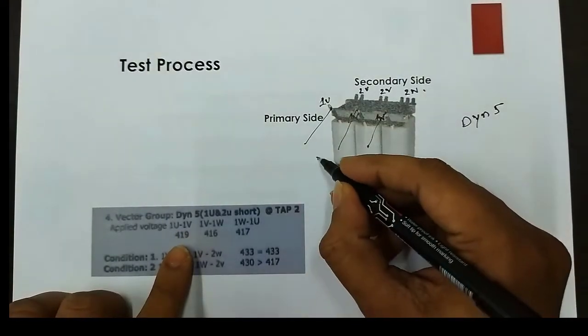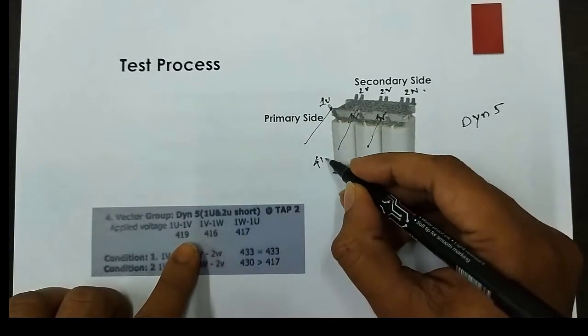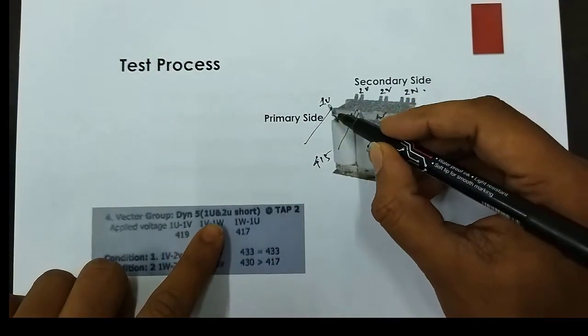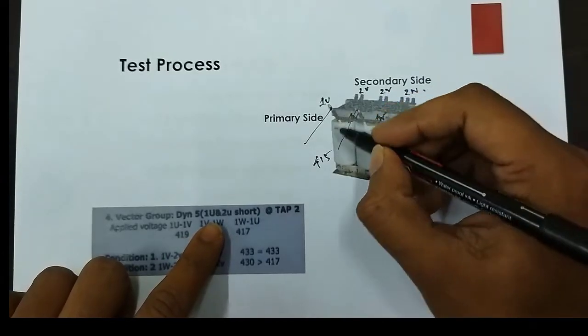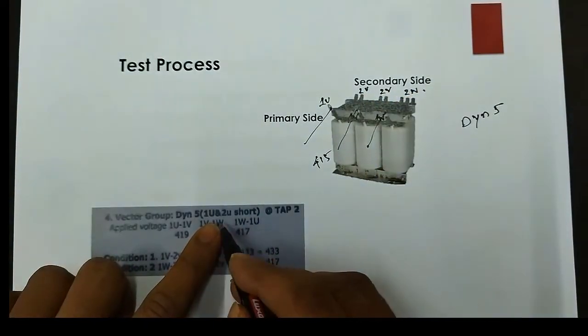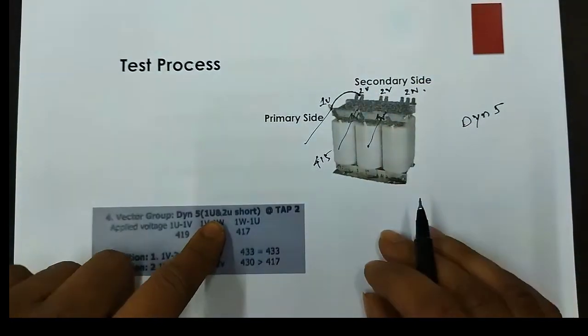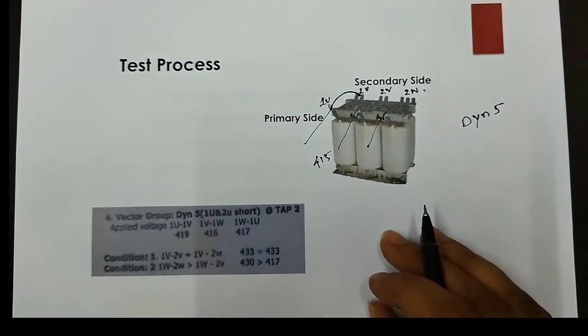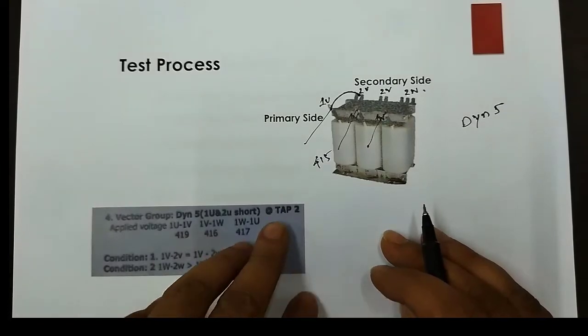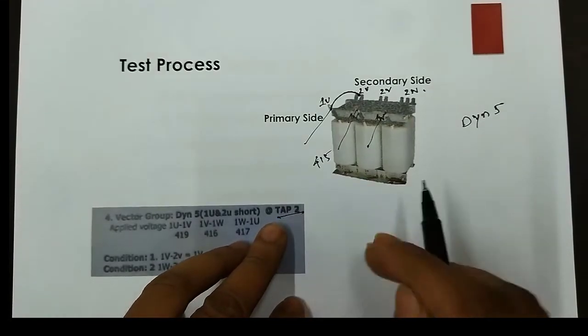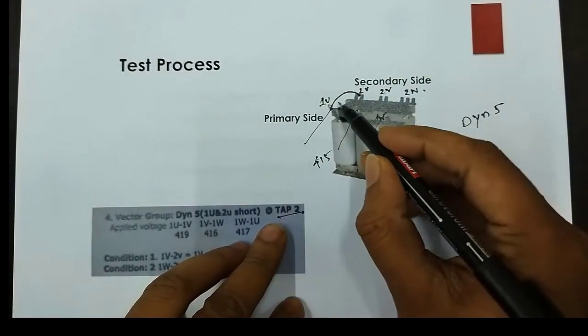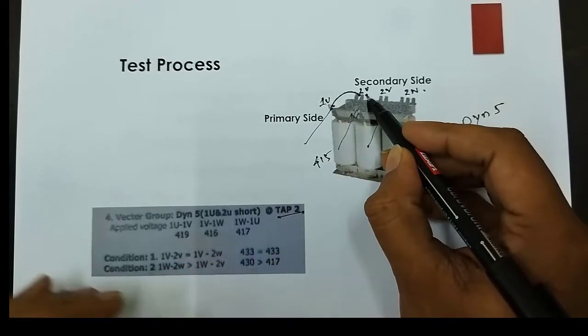We apply 415 volts here, and we have to short these two terminals, 1U and 2U. Here you can see 1U and 2U. And from the first case we told you that we have taken tap changing position 2. So you just have to short these two terminals, 1U and 2U.